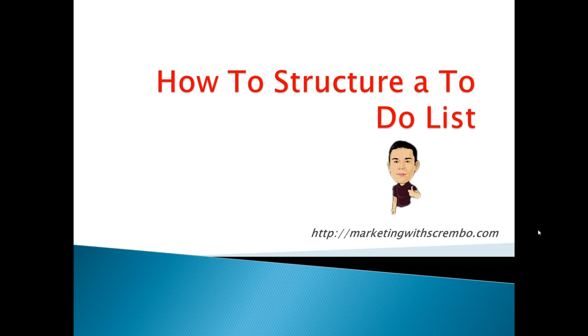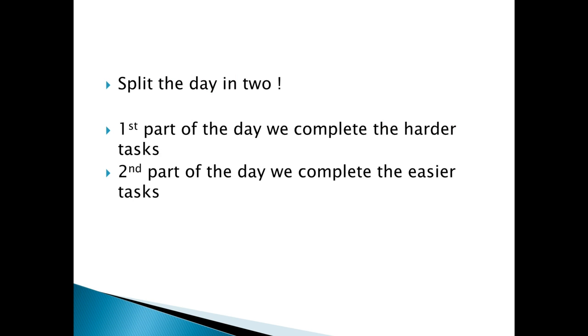Now let me show you the structure I'm using and you can use too. We split the day in two. We are going to have the first part of the day and then the second part of the day, right? Inside the first part of the day, we complete the harder tasks.